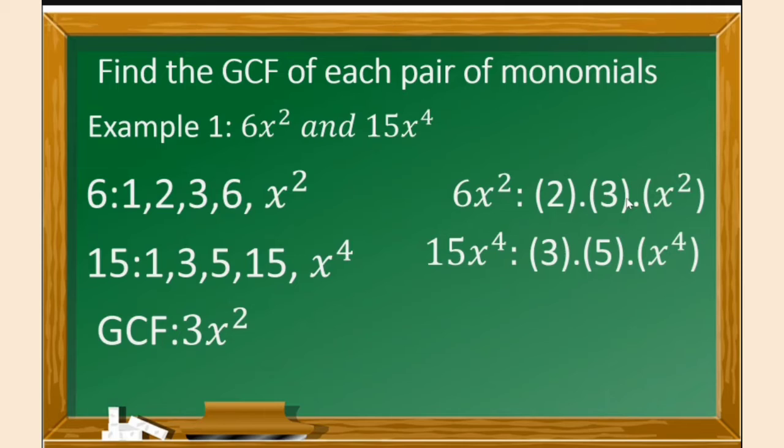Yung prime factors ng 15 is 3 and 5. Okay? So, anong common nila? 3. So, hindi na natin kailangan maglista ng maraming numbers. As long as alam na natin factor, mas mabilis siya. Yung common nila is 3. Ano yung pinakamababang variable? With the lowest degree, x squared. So, ganun lang din. Another example.